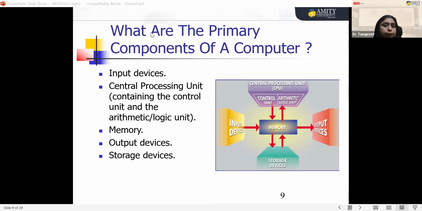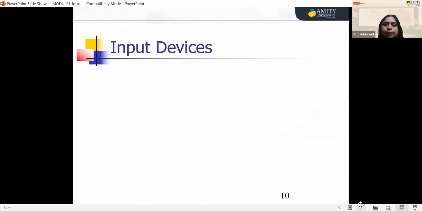So all the arithmetic calculations and logical operations are taken care of by the arithmetic and logic unit. Is this clear, students? Then obviously you have a set of storage devices and output devices. Now coming to the next slide.